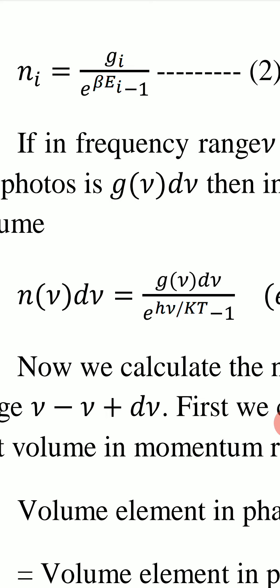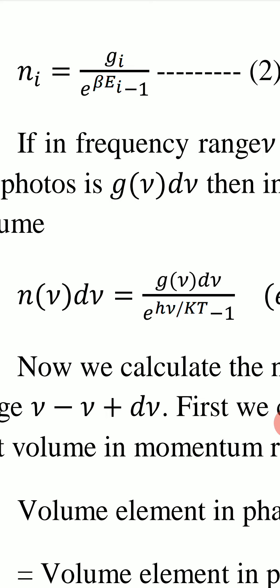We can assume frequency almost equal to nu. D nu is very small. Then energy Ei will be equal to h nu, and this constant beta is equal to 1 upon kT. T is absolute temperature and k is Boltzmann constant.